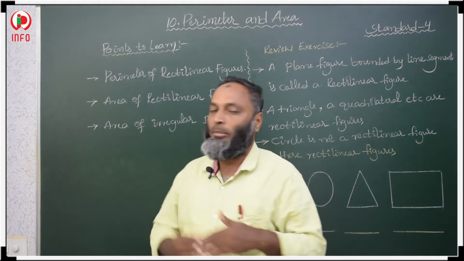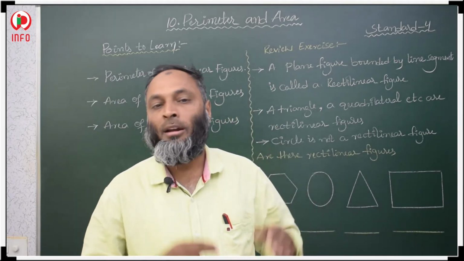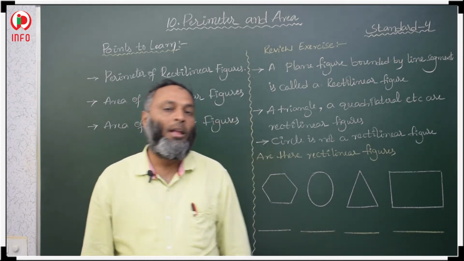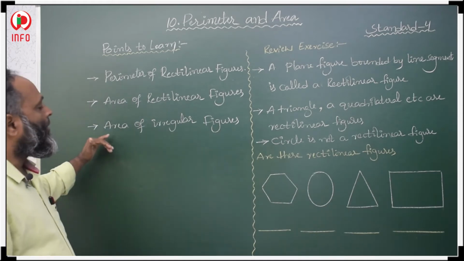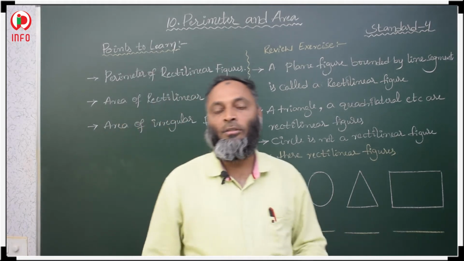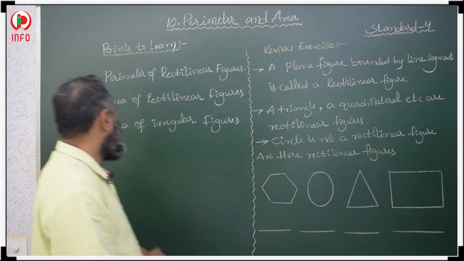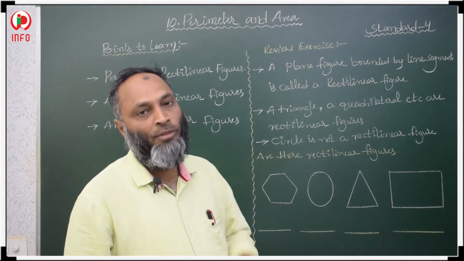One is perimeter, the first concept, perimeter of a rectilinear figure, and the second one is area of a rectilinear figure. Then what is the third concept here? Area of irregular figures. If irregular figures are given, how to find the area?